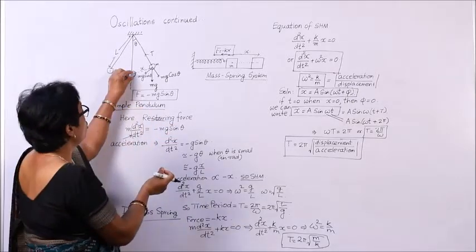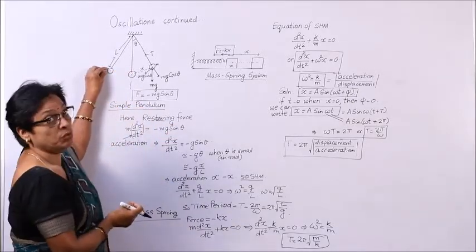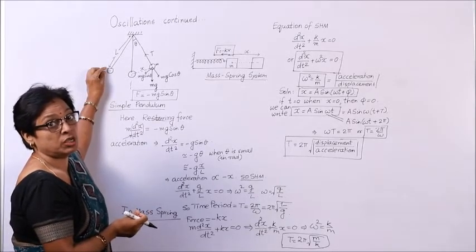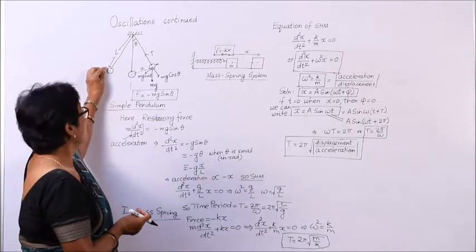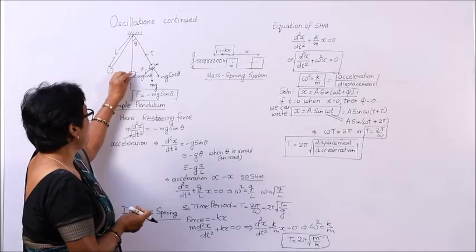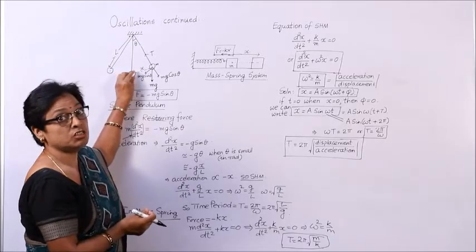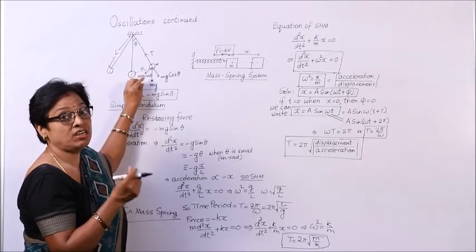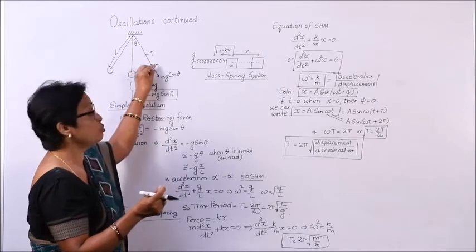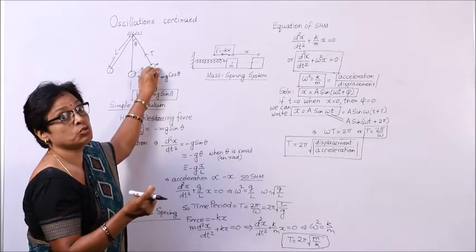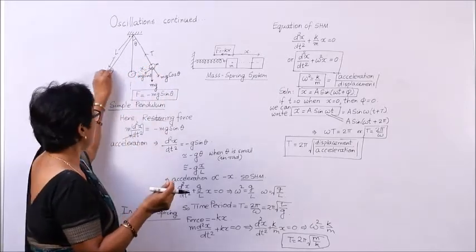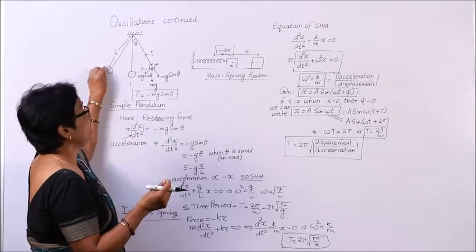So it overshoots to this side. From here it comes back, because here the velocity is 0. But by the time it comes here, its velocity is again quite large, it cannot remain at rest. So it overshoots to this side and again comes to this point. So it completes one oscillation, and the whole thing is repeated.